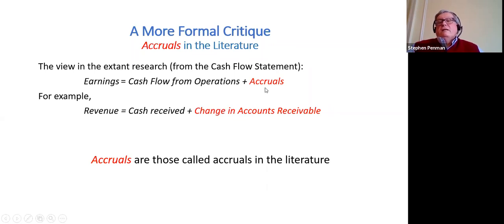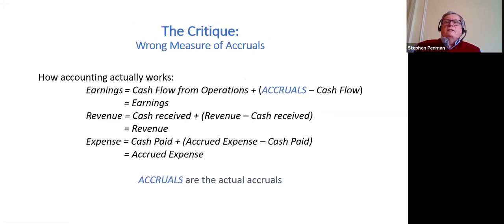And this is the definition in the literature. However, the way the accounting works is you have cash flow from operations. This accruals in red is the actual accruals in blue minus the cash flows. Okay, that is the number in the cash flow statement. And when I went to school, you ran that through.